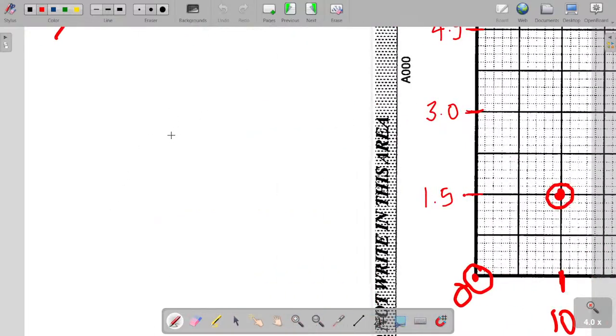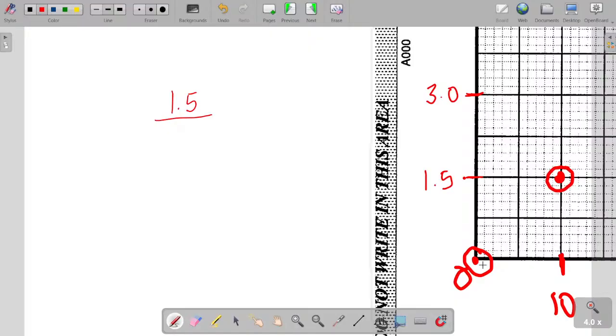What we do is take our increment, which is 1.5, and we divide it by the number of divisions in between 0 and 1.5. The number of divisions in between 0 and 1.5 is 1, 2, 3, 4, 5, 6, 7, 8, 9, 10. So there are 10 divisions.